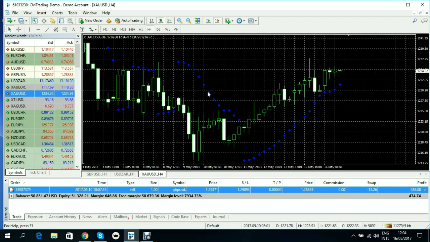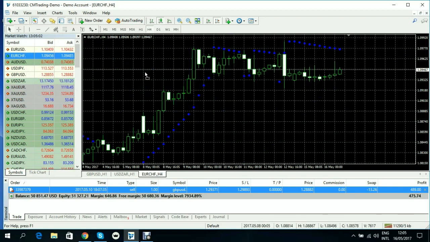Now, it is not advisable to use the parabolic indicator when market is flat or moving sideways or when prices are consolidating. Let's see if we can get one of such to see what I mean. Good.